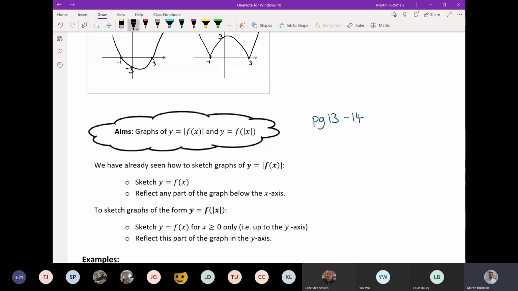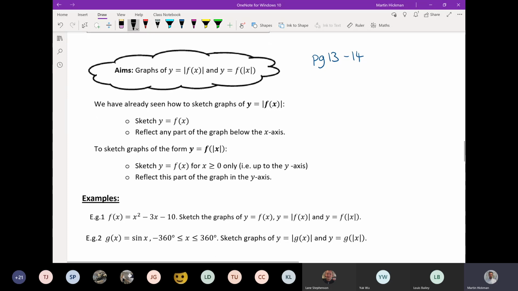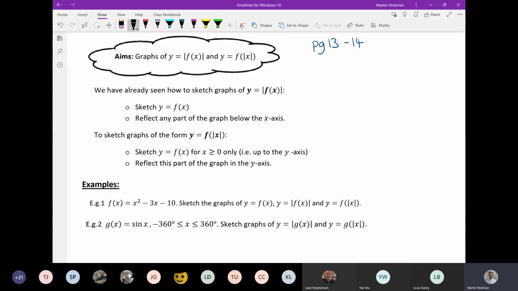I'm going to skip the next couple of pages because I want to focus on the equations in the next lesson. So these next few examples focus on pages 13 and 14. So we've just looked at sketching the graph of y = the modulus of f of x. Just sketch your f of x and then reflect any part of the graph below the x-axis.